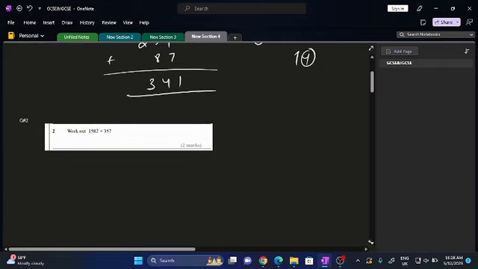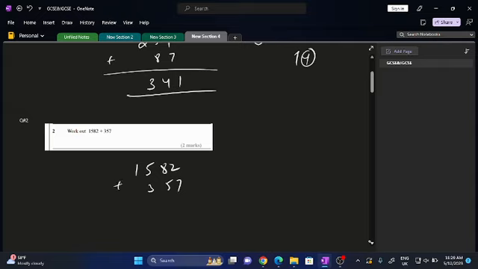Next is question number 2. 1582, 7, 5 and 3. Look at the step that I'm doing. I'm writing from left to right. This is very basic and very important, because mostly students lag with the writing. They write from left to right. That would be clearly wrong. You have to write from right to left.